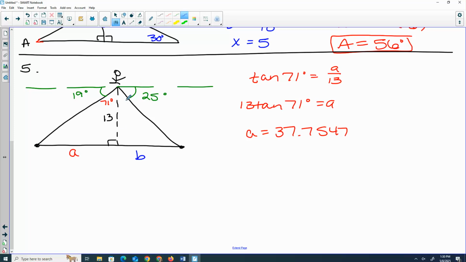so then for this one, 90 minus 25 is 65. So from that you could do the tangent of 65 equals B over 13. Multiply over your 13.